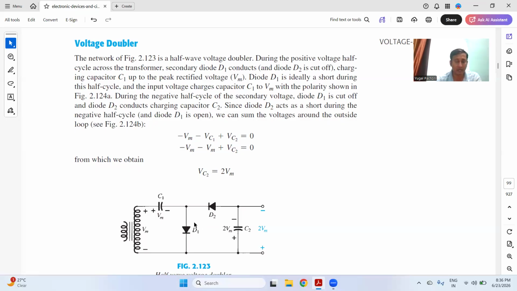Now there is a D1 diode. In the positive half cycle, the diode will be forward biased and the capacitor gets charged.